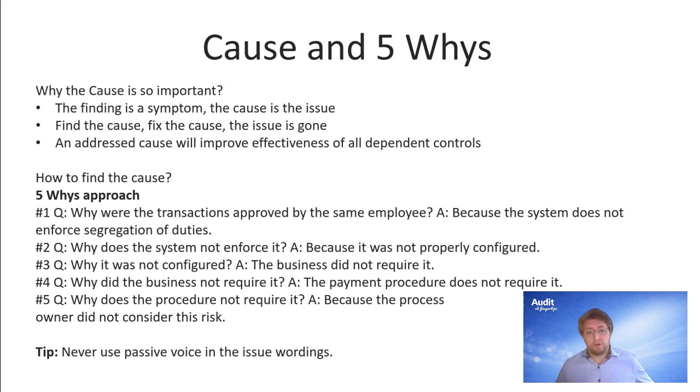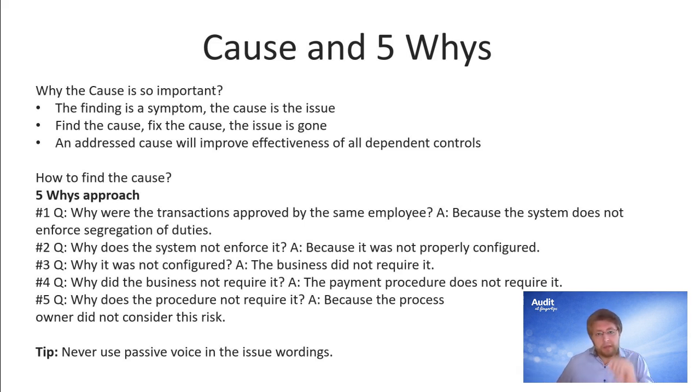That's why it's important to go to the very root of the problem. And of course, once you address the problem, all dependent controls will become effective, or at least there is no chance they might be ineffective because of this root cause.